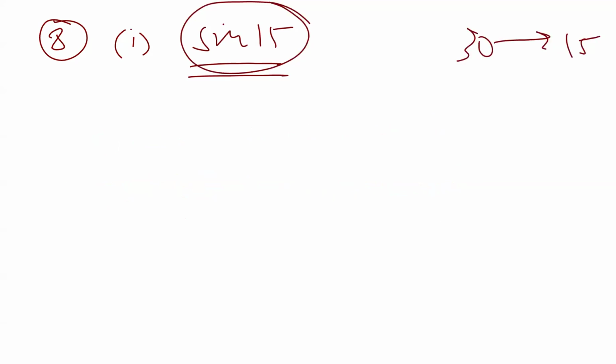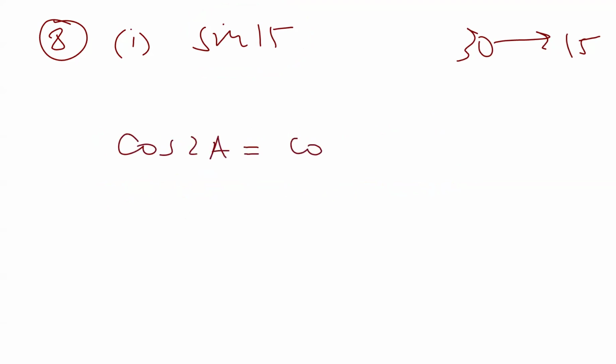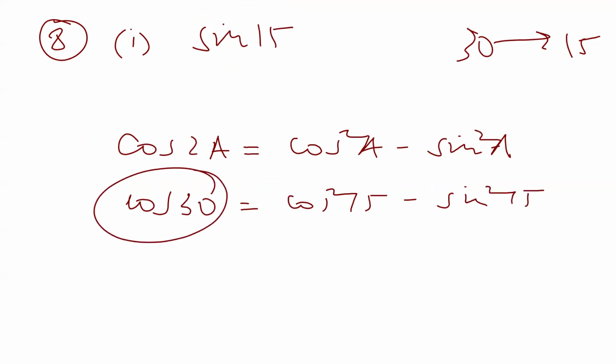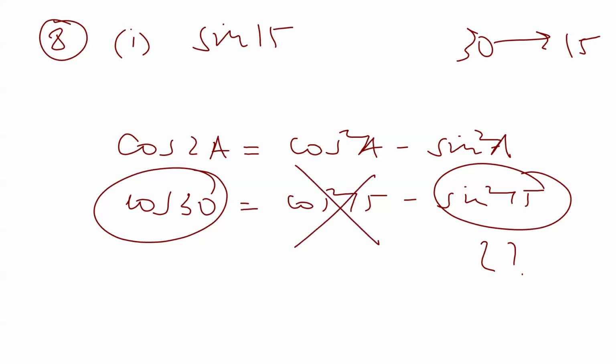We have to go to the cos formula. Now see, cos 2a is equal to cos square a minus sine square a. So cos 30 is equal to cos square 15 minus sine square 15. We have the value of cos 30, but we don't have the value of cos 15.